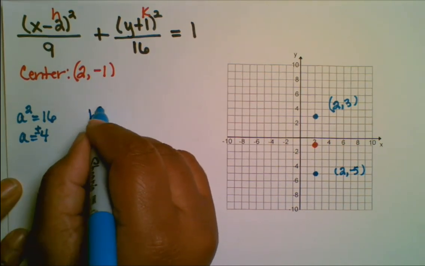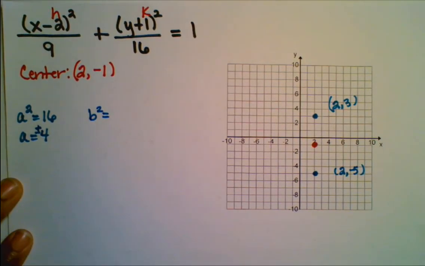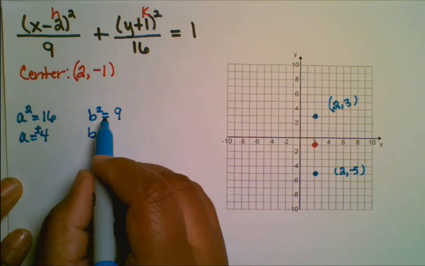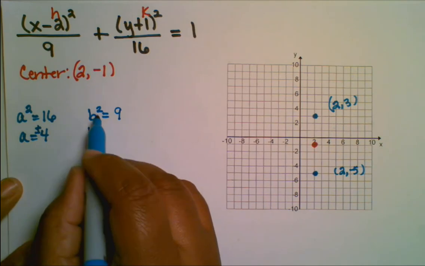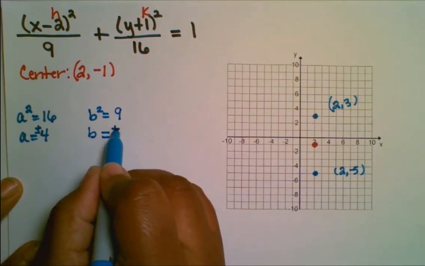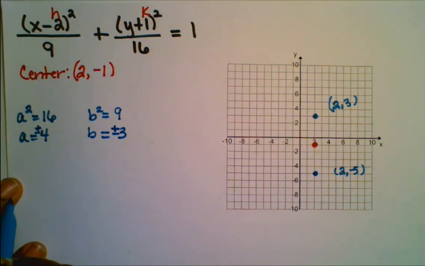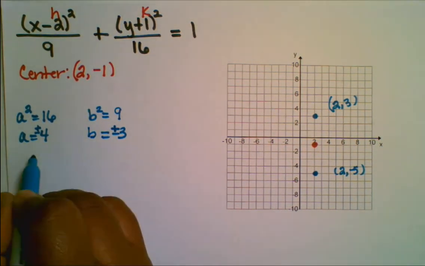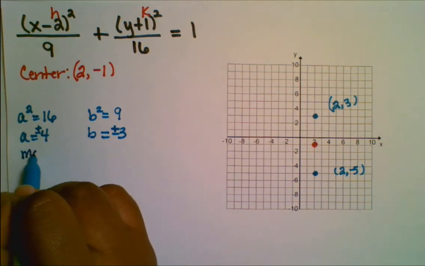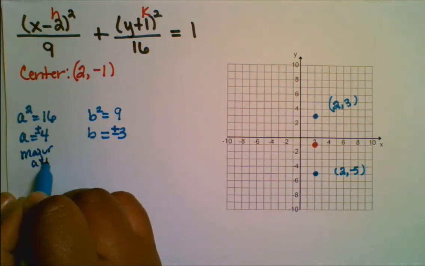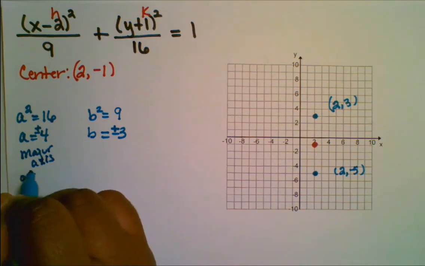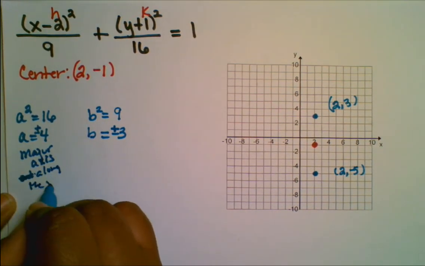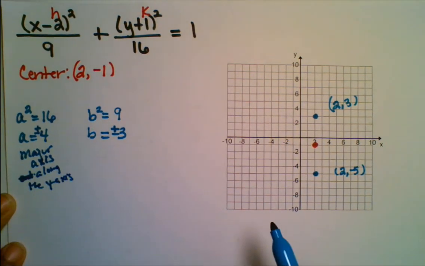Then our b squared is 9. Take the square root of both sides, and we have b is equal to plus or minus 3. So since 16 is the highest, our major axis is along the y-axis.